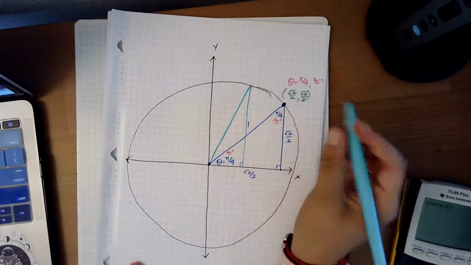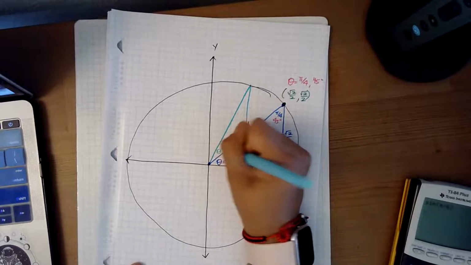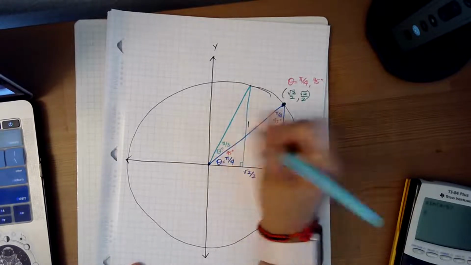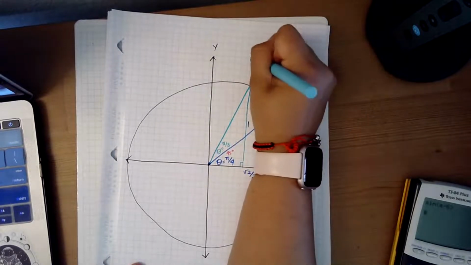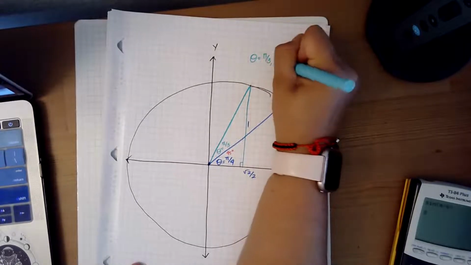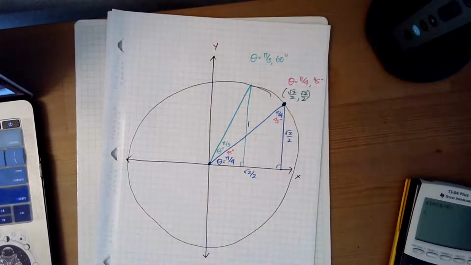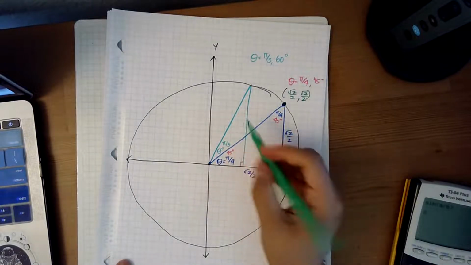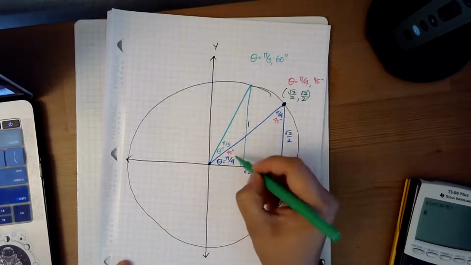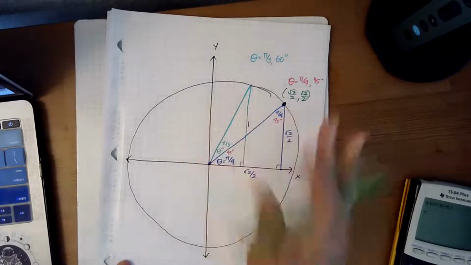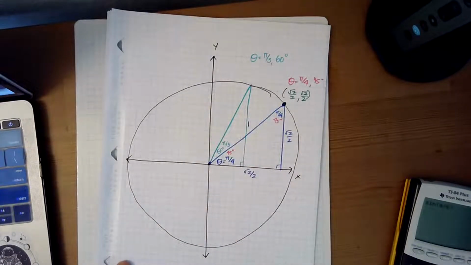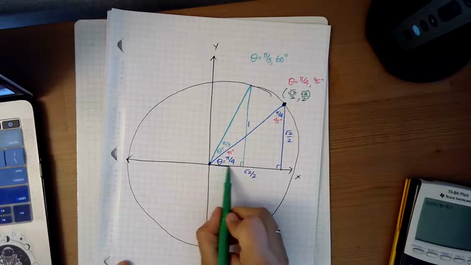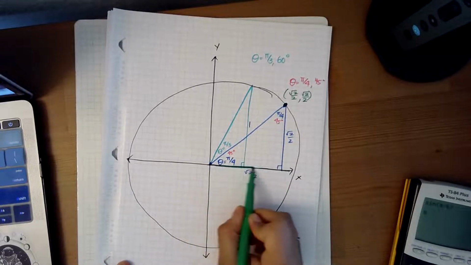Now this theta here is pi over 3 or 60 degrees. Remember, don't think it's from here to here. It's from here to here. I'm just overlapping them so you can see. So this is always initial for all of my triangles right here.